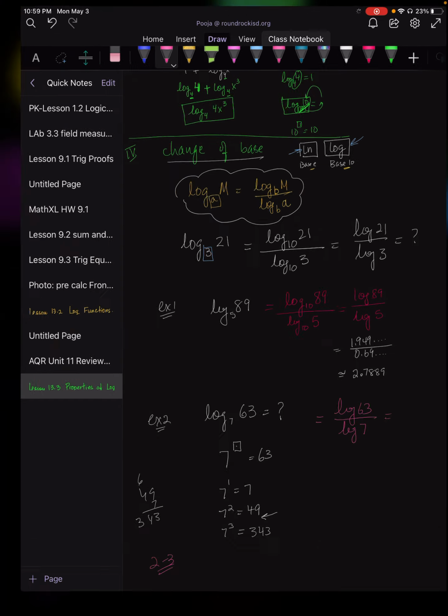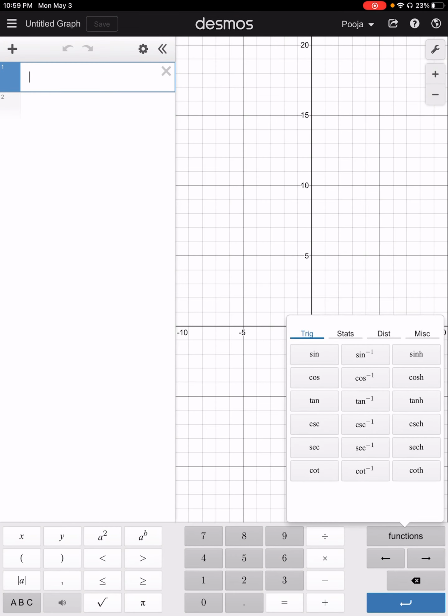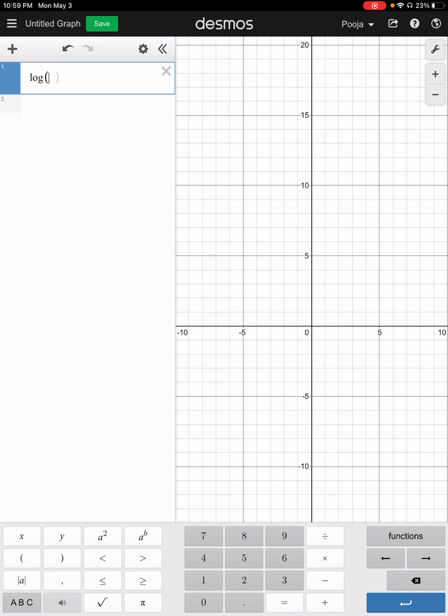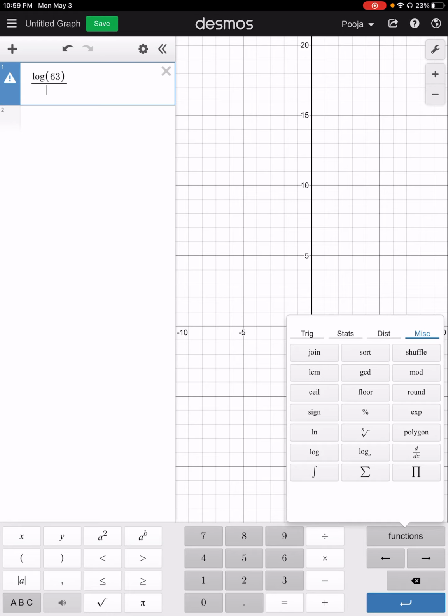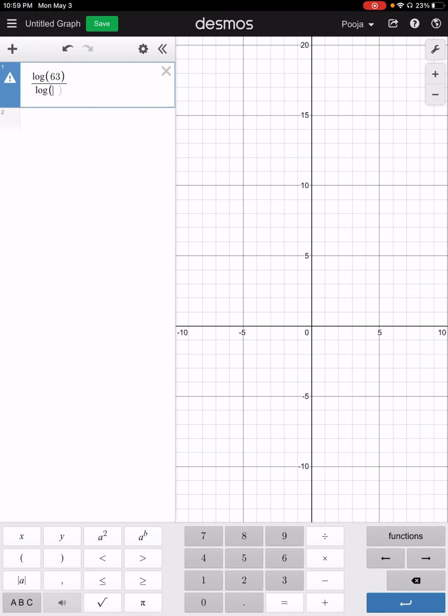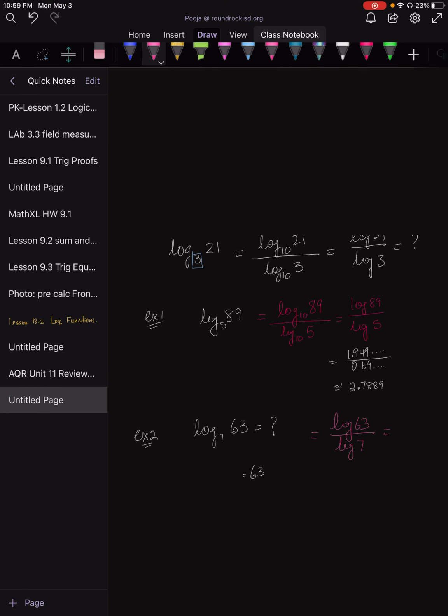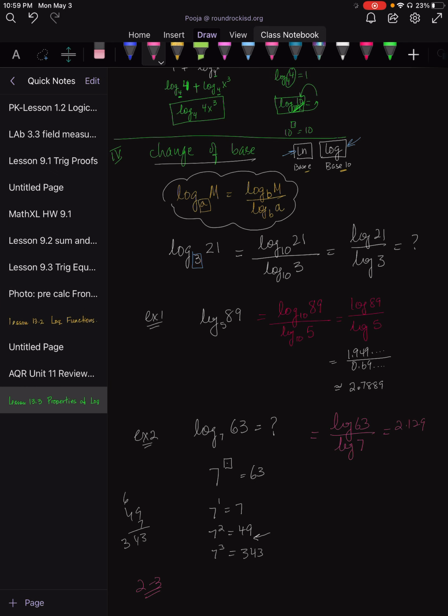Log 63 divided by log 7. There we go. 2.12915, 2.129-ish. Correct. And we knew it was between 2 and 3, and it is obviously closer to 2 than 3.